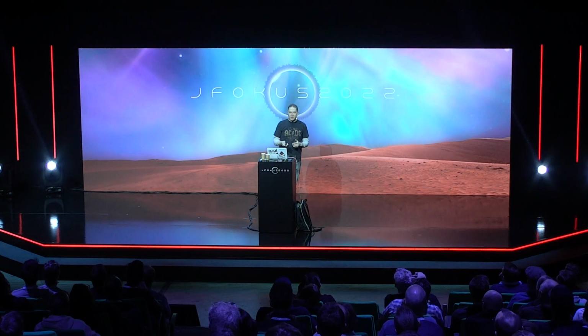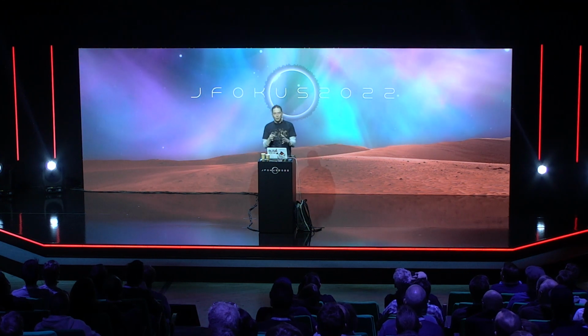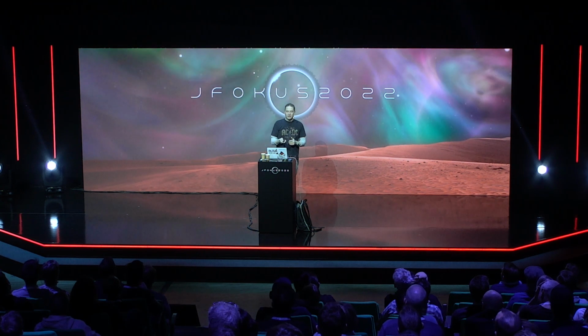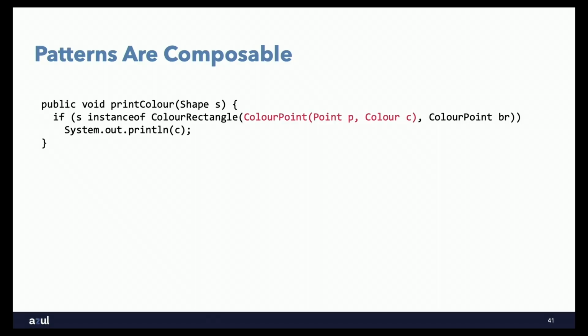Good. Okay, except that we know that ColoredPoint is also a record. We could expand that. And so we could say s instanceof ColorRectangle(ColoredPoint(Point p, Color c), ColoredPoint br). Then we just print out c, which gives us the color of the top left point.